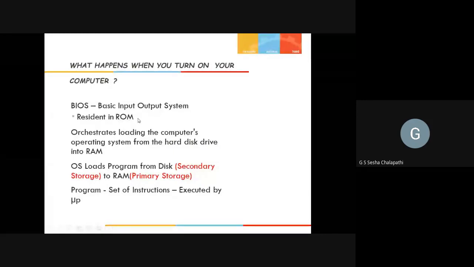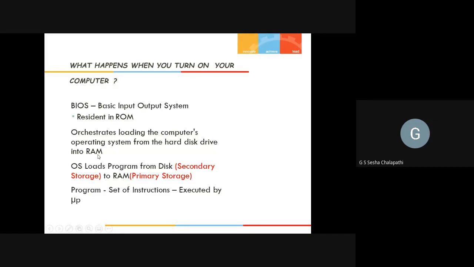So this BIOS orchestrates the loading of the computer operating system from the hard disk drive or solid state drive, whichever is the secondary memory, into the RAM. Then once the operating system is loaded, it will take over.